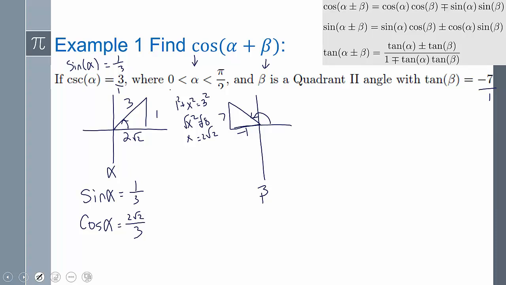And so again, I can do my SOHCAHTOA, my Pythagorean. So a squared plus b squared equals c squared. So this is 49, this is 1. So that's 50, square root, so that'd be 5 root 2.